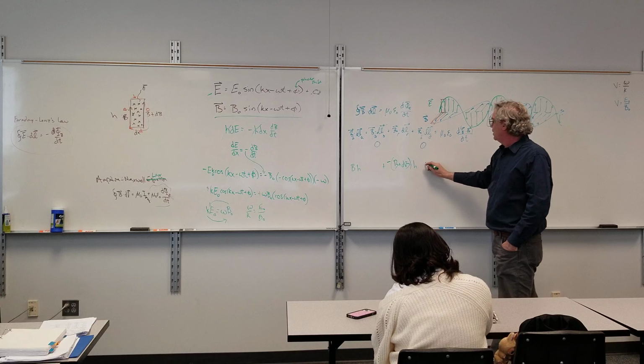Over here, I have BH minus BH minus HdB equals mu naught epsilon sub naught H dx, that is my area, times dE dt.